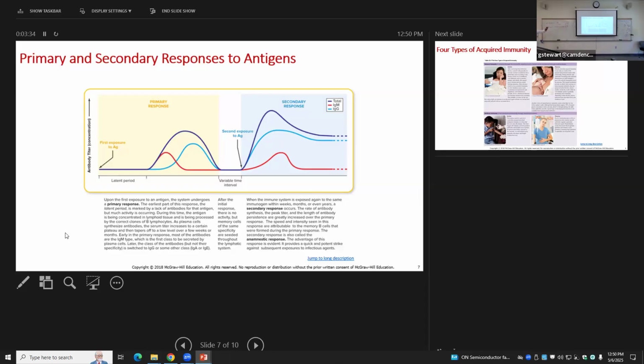And most of it's IgG this time. Right? We barely get any IgM and it's a little bit delayed, and we get tons and tons of IgG. So we get more total immunoglobulin, mostly this time IgG and a little bit of IgM.